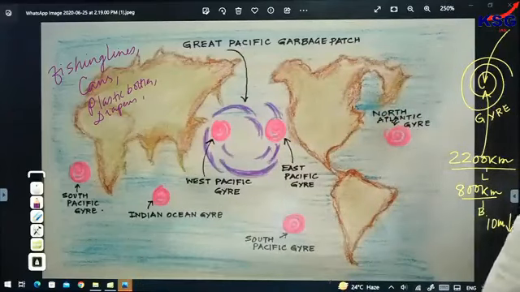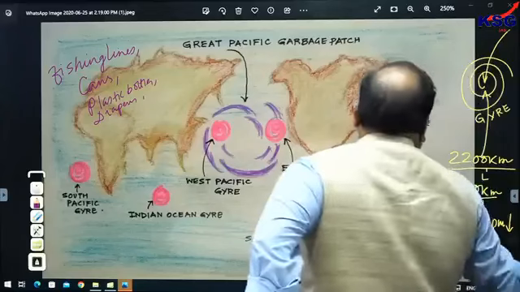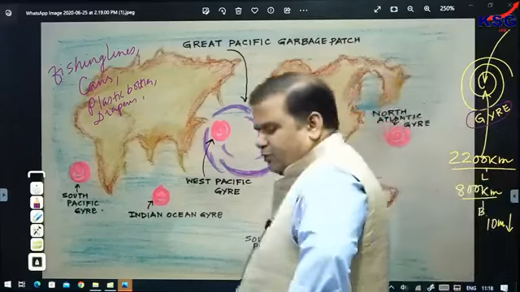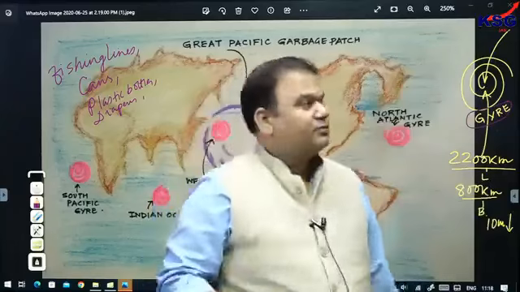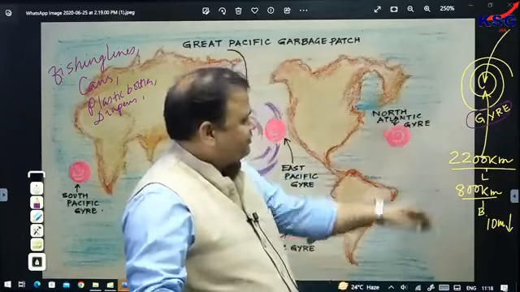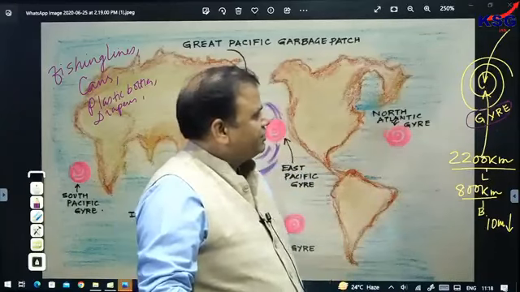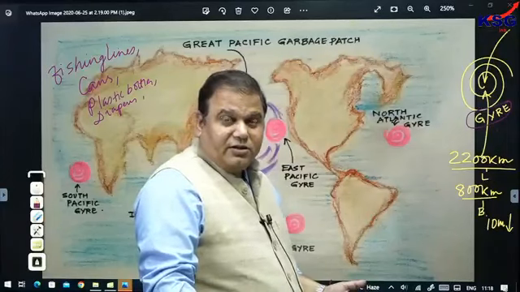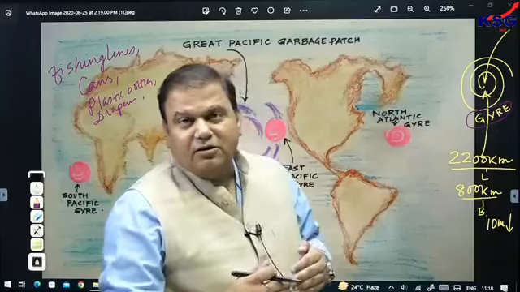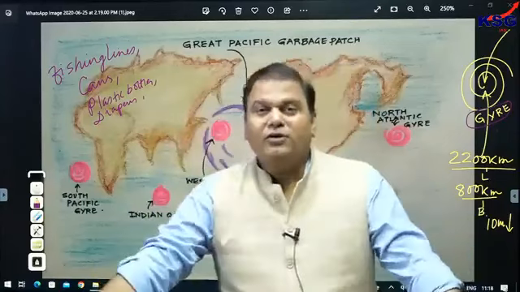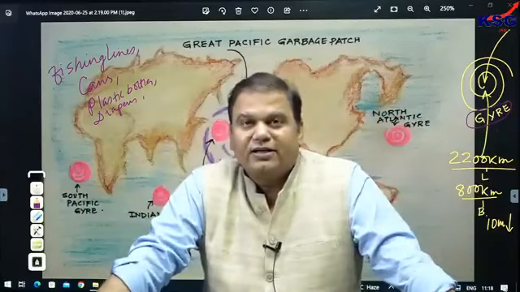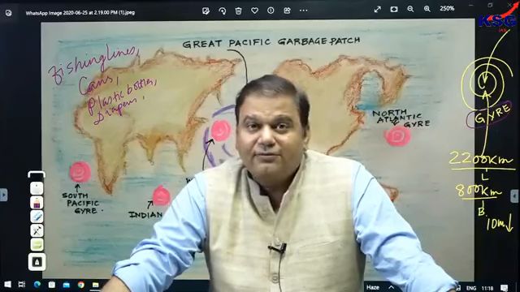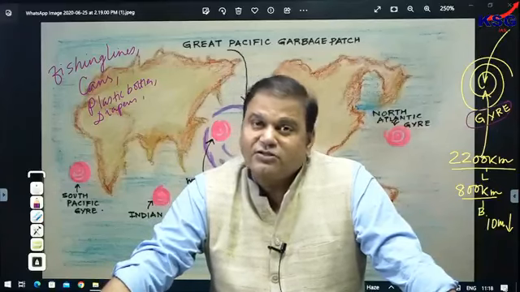And how has this been formed? This has been formed due to gyres. And what is a gyre? When two oceanic currents mingle, whirling of oceanic water takes place. Now this is referred to as what? This is referred to as gyre. Write down.